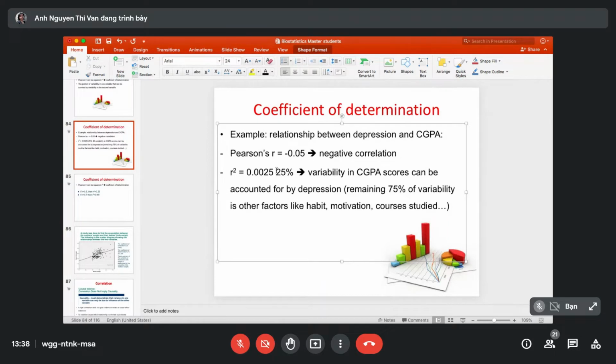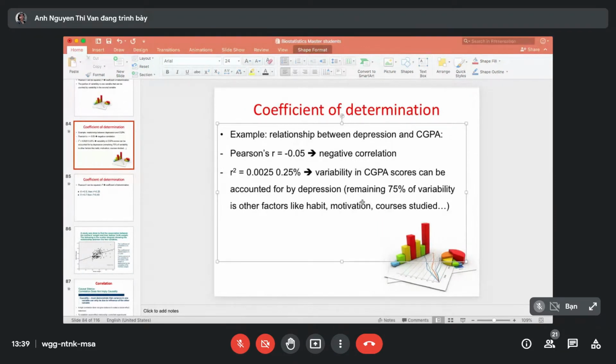So it means only 0.25%, right? So depression can explain only 0.25% variability in CGPA scores, a very small value. So depression is not the factor that mainly affects the CGPA. So how many percent remains for other factors? What number should be here?